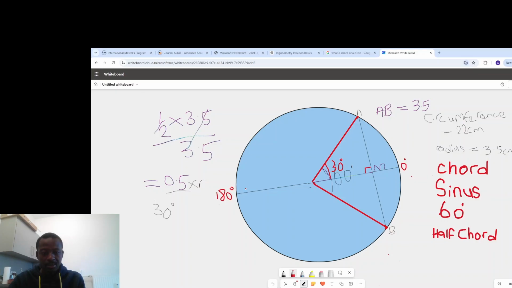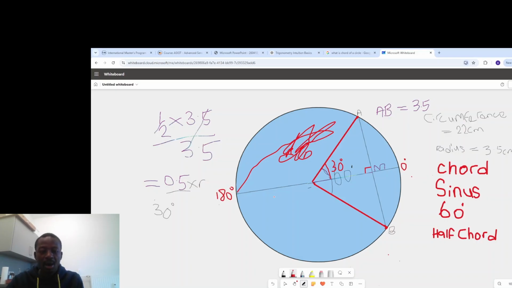Any angle in the first hemisphere, that is the top part of this circle, if you take the sine of any angle here, you would get a positive answer. And it will be positive because all the points here are above this horizon. That is the meaning.